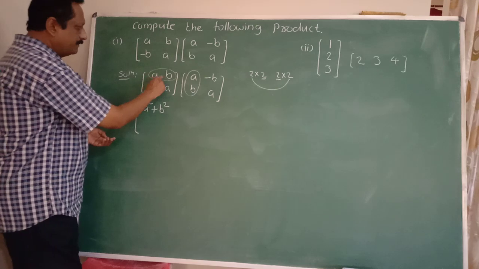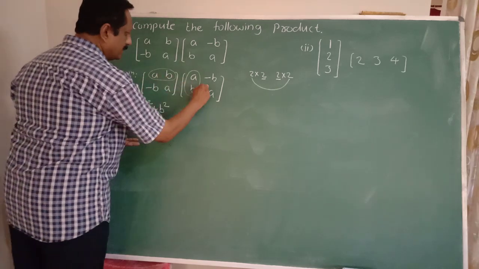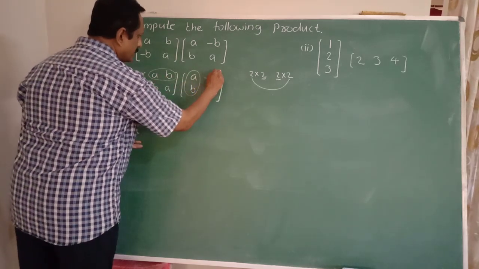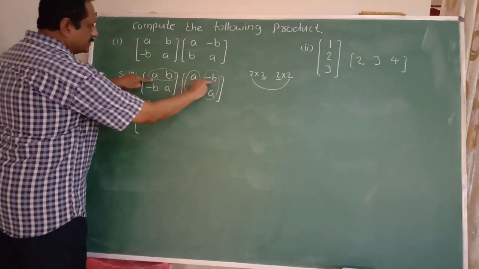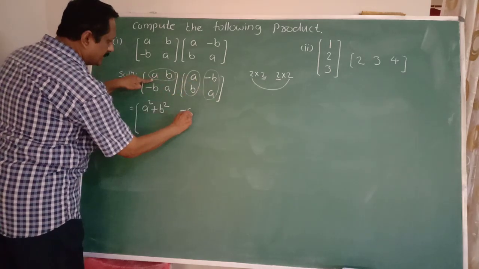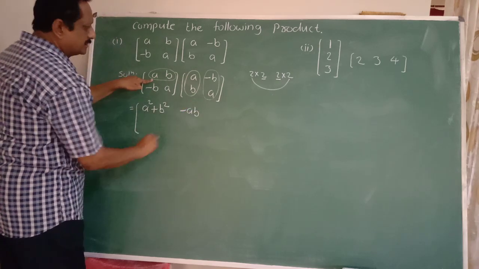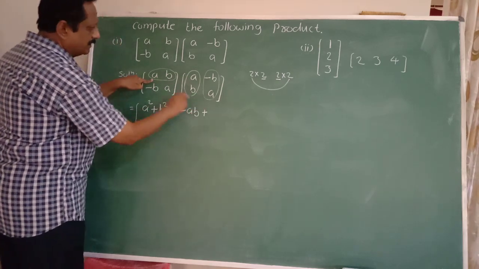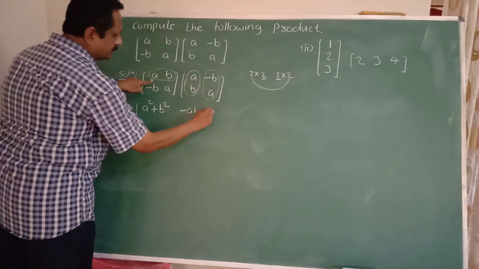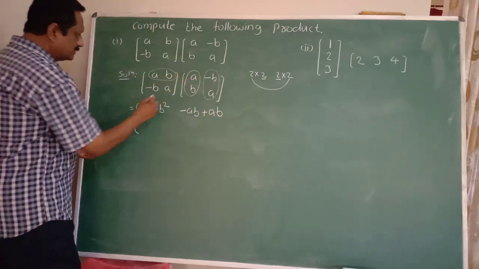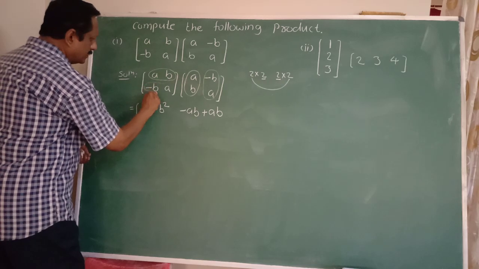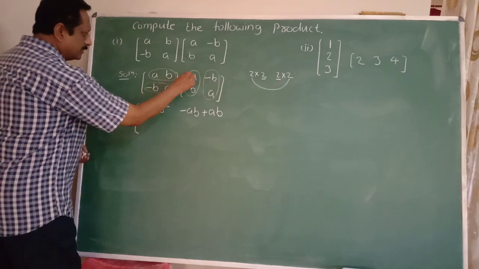Then multiply the first row with the second column. A into minus B becomes minus AB, and in the middle take a plus sign. B into A becomes plus AB. Then take the second row and multiply it with the first column.